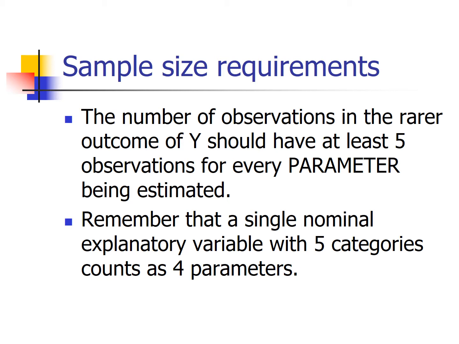Now, when I put parameter, I capitalize it to emphasize it's not variables, it's parameters. And remember that a single nominal explanatory variable that has 5 categories has 4 parameters that need to be modeled. So if we had a variable that had 5 categories, we wouldn't count that as one variable, we would count that as 4 parameters, i.e. we would need 20 observations in the rarer outcome of y.